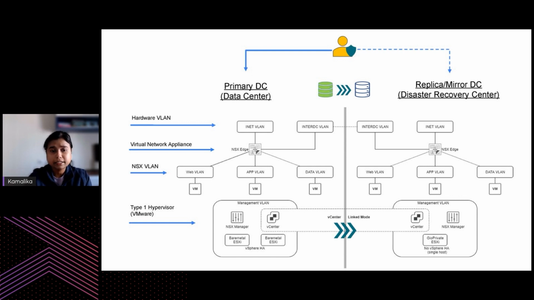So we had an NSX Edge which was connected to the inter-DC VLAN, then another NSX Edge in the other data center connected to the inter-DC VLAN. In that way, the systems connecting to both networks can still communicate with each other when the rules are set. The third layer was the VLANs, which was meant for the applications and services.